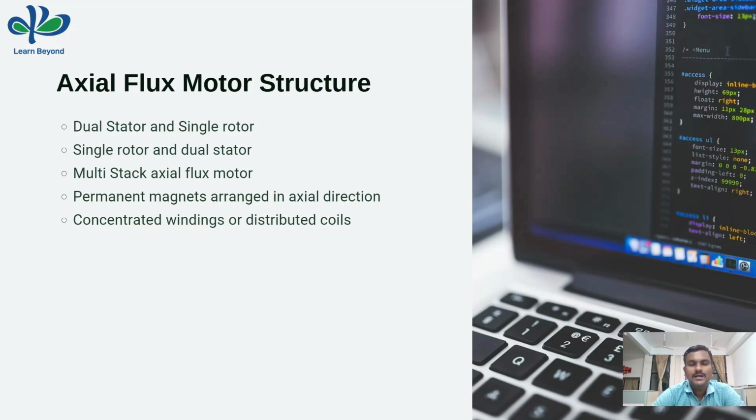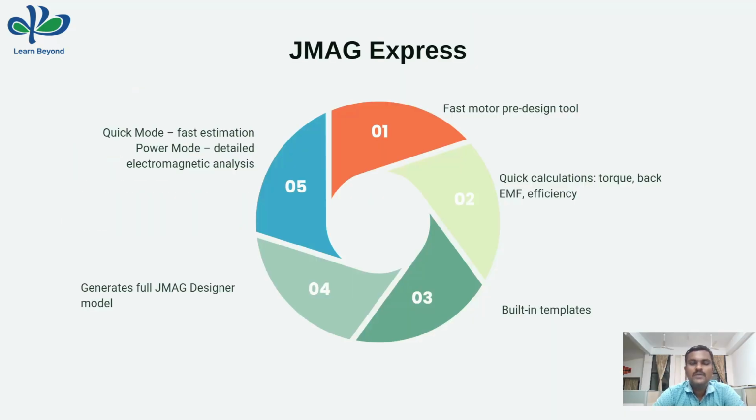Normally the permanent magnet is aligned in the axial direction with the stator surface, and we are using JMAG Express software for the design. Why are we choosing JMAG Express? It has predefined templates, so we can perform the design very fast, and we can calculate the EMF, efficiency or torque very quickly.